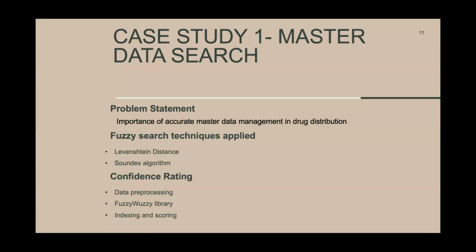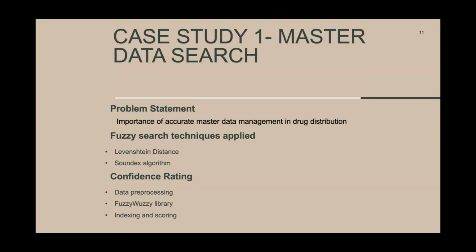So again, with master data as well, traditional search methods often fail to address the nuances of real world data. For instance, there can be subtle differences between some materials like aspirin and dispirin, which may seem similar, but the chemical composition can be quite different.